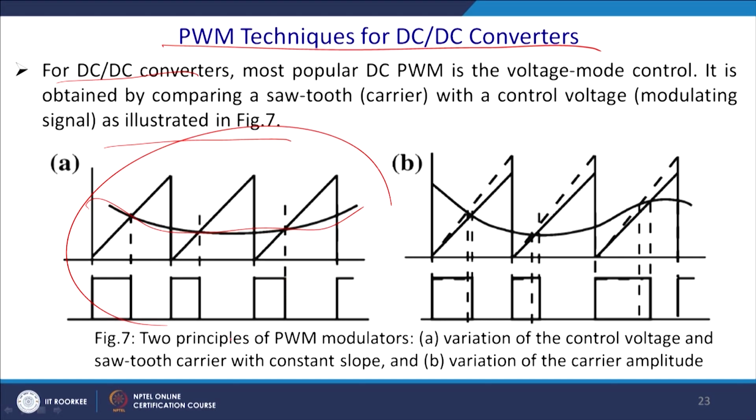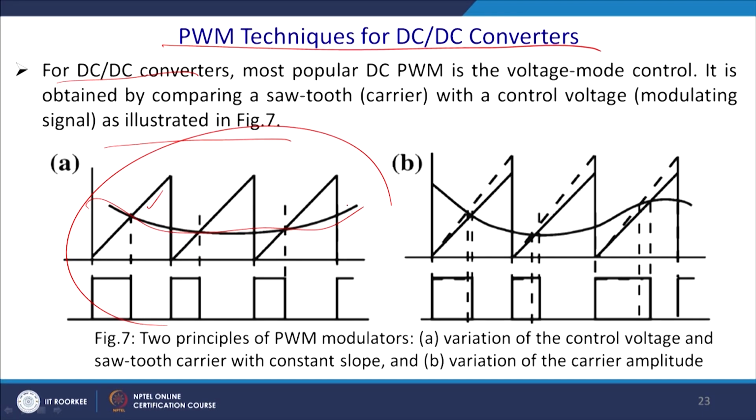Based on that, you will be switching on. Generally, what happened here? You can see that there is an error since we compare it. Here this much error was more, and thus you will have a different on-time. So, the switch was maybe on here. Thereafter, you can see that this has been reduced, so ultimately the switch will be off for more time.